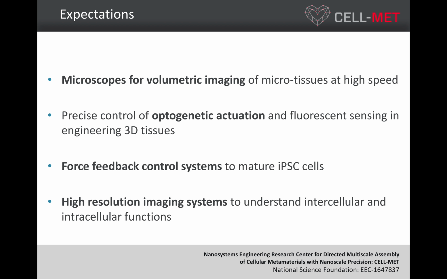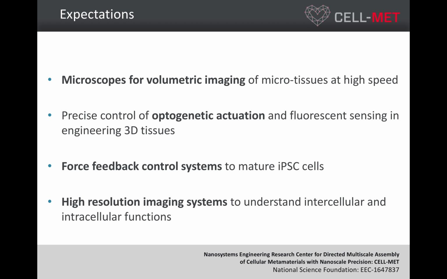To conclude our expectations, we want to build a microscope for volumetric imaging of micro tissues that gives a high frame rate, and we want precise control of optogenetic actuation and fluorescence sensing in engineered 3D tissues. We also want to control the force applied to those tissues to help the heart tissue or the cells to mature, differentiate, and become functional.